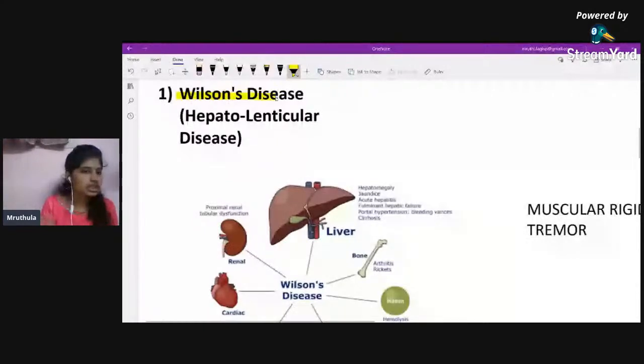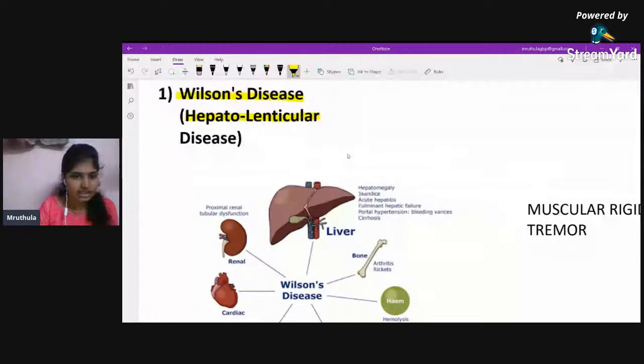So Wilson's disease is not only a disease of the basal ganglia, it affects multiple parts of the body. That's why the other name is hepatolenticular, mainly the liver and the lenticle. Lenticle is the lenticular nucleus that we saw. Both of these are the important structures affected.